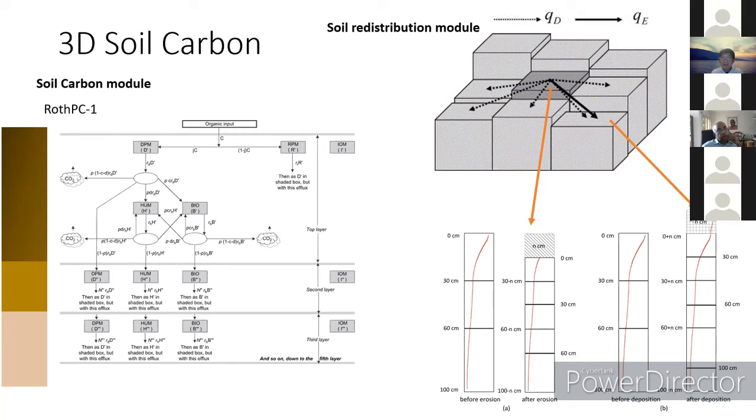This is the original pixel, and that pixel transfers to another pixel, and we can see that the new profile is getting thicker, and there's also more carbon input in this pixel. So this is simulating soil carbon, but also incorporating erosion. Erosion is a process, but it's not just about losing materials. You lose materials here, but another pixel gains material there as well.